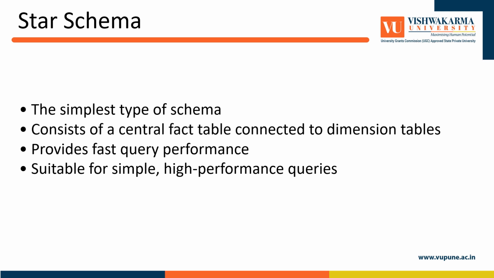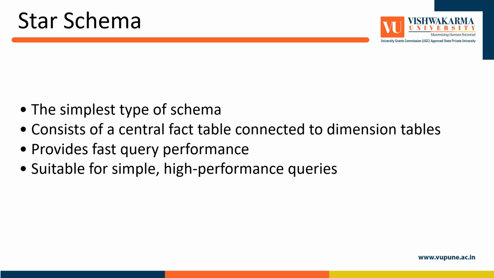Star schema, the simplest type of schema, consists of a central fact table connected to dimension tables. Provides fast query performance, suitable for simple high performance queries. The star schema is the simplest and most commonly used data warehouse schema. It consists of a central fact table that stores measurable data linked to multiple dimension tables.